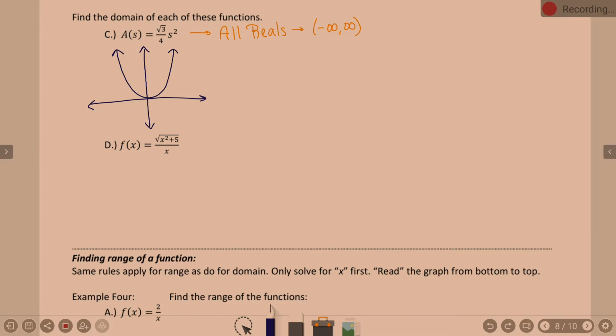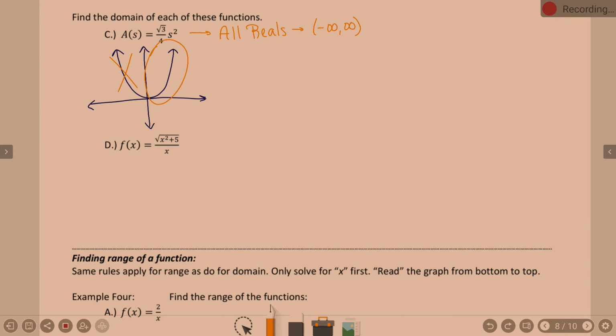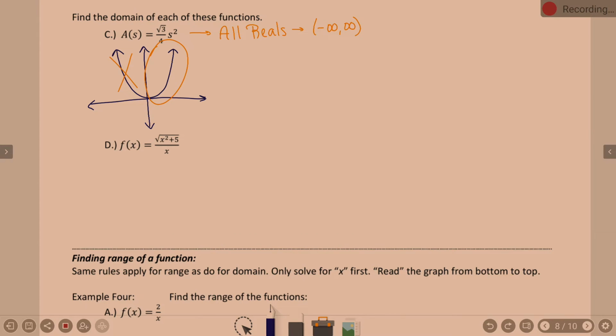Because this models an area formula, that S has to be a positive value, as in S greater than 0, or 0 to infinity. So this piece would not exist and just this piece would exist.